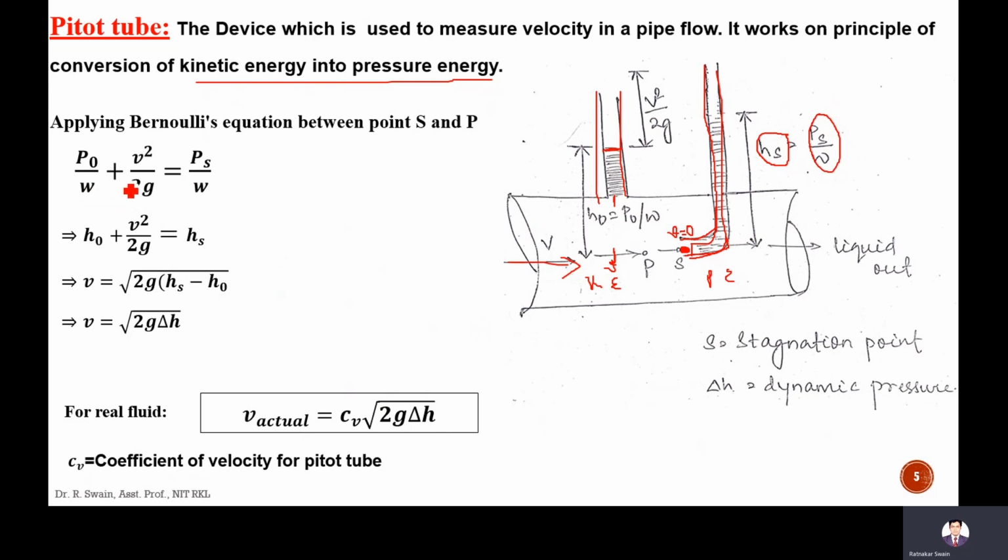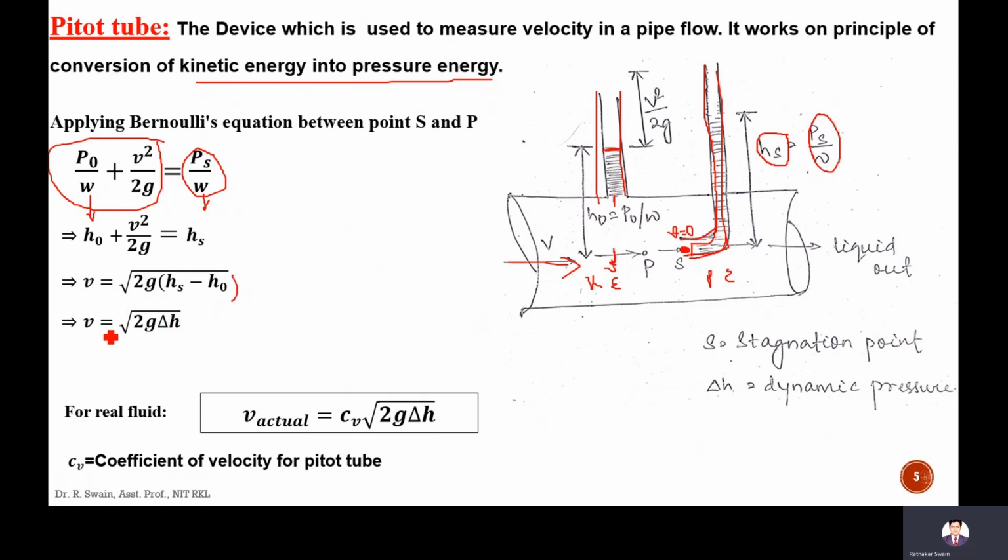So P naught by rho g plus V square by 2g is equal to PS by rho g. So here this is H naught, this is V square by 2g, this is HS, that is the stagnation head, means head at the stagnation point. So V will be square root of 2g into (HS minus H naught).